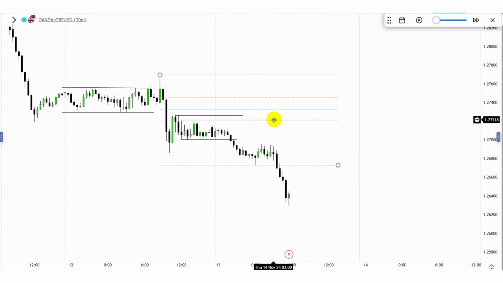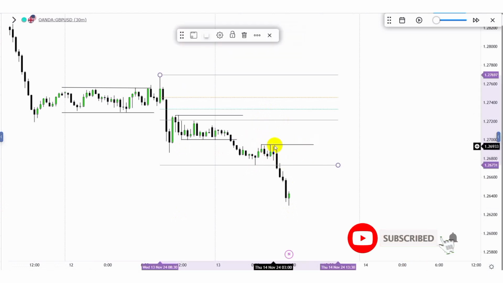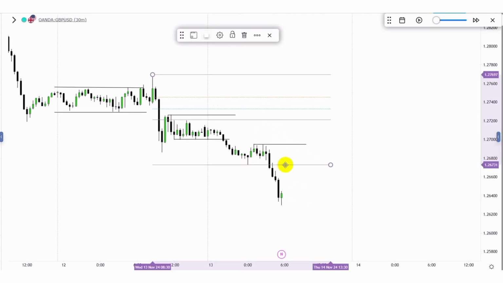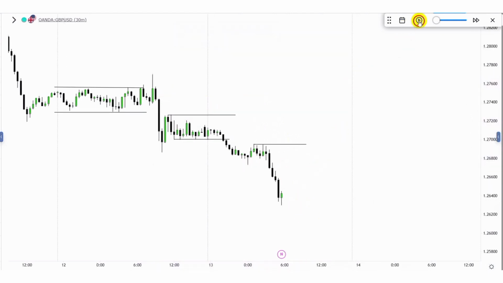Price did not mitigate equilibrium or the premium. This is not a deep move higher before we have the fall to the downside. So this is our inducement. We'll be looking forward to see how price will take out this inducement, since this did not pull into equilibrium or premium before falling to the downside. So let's take out the fib tool and then play price to see.